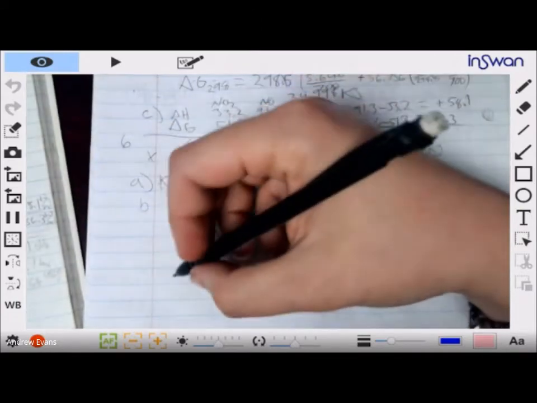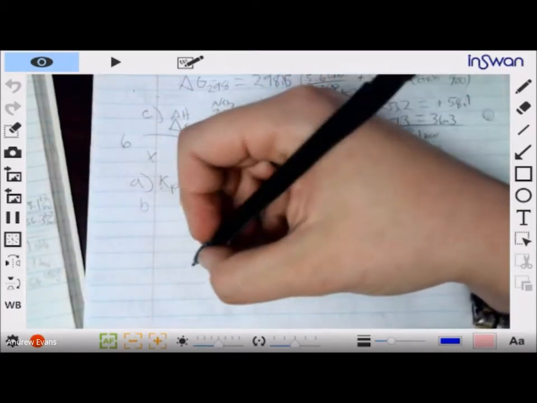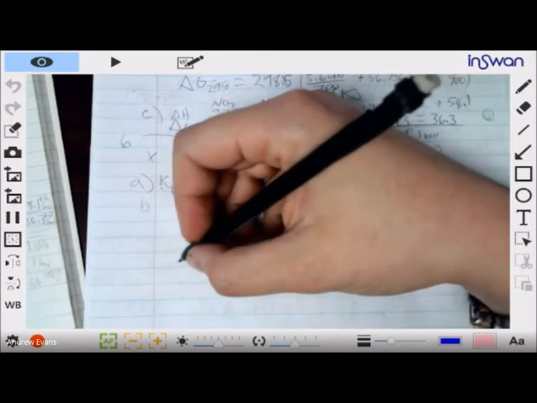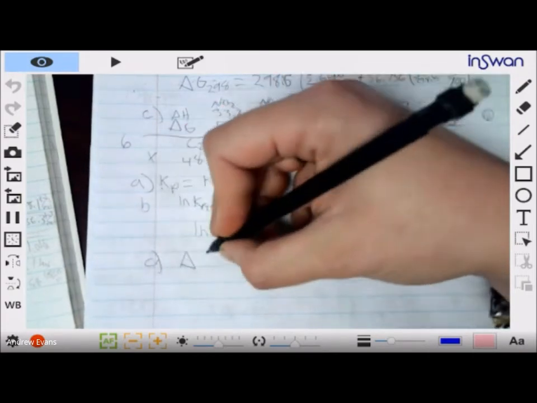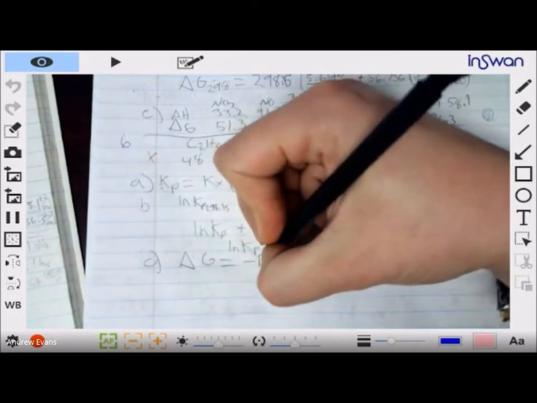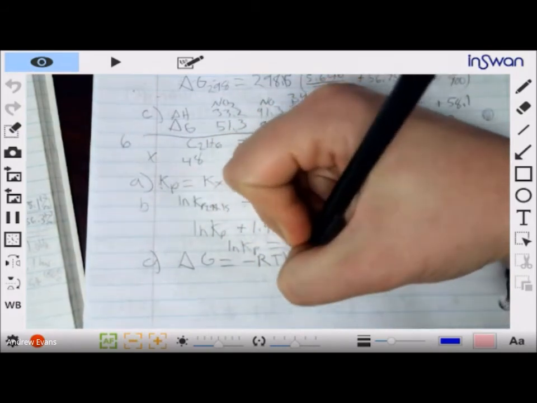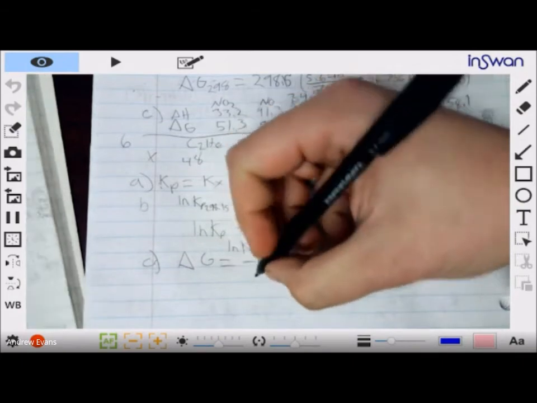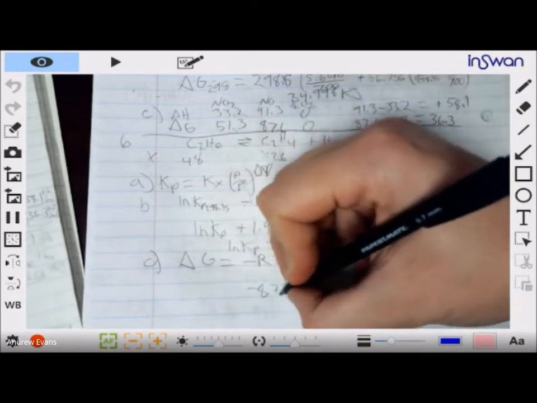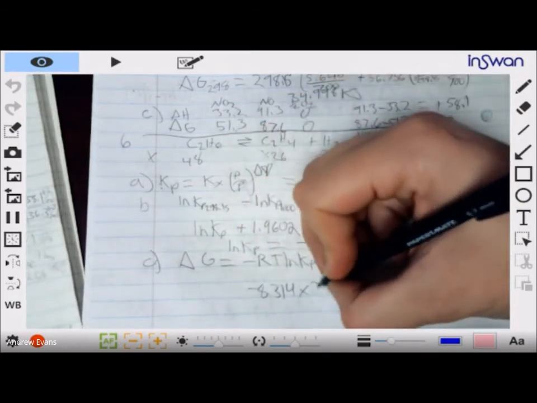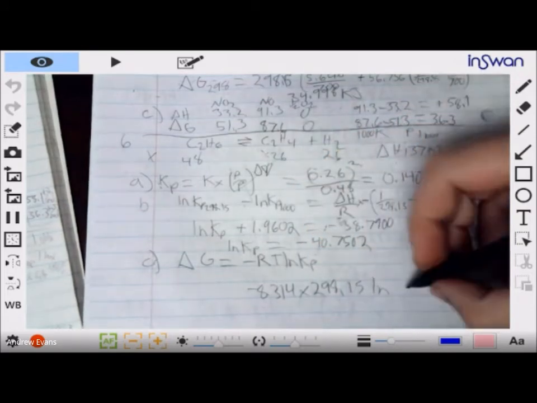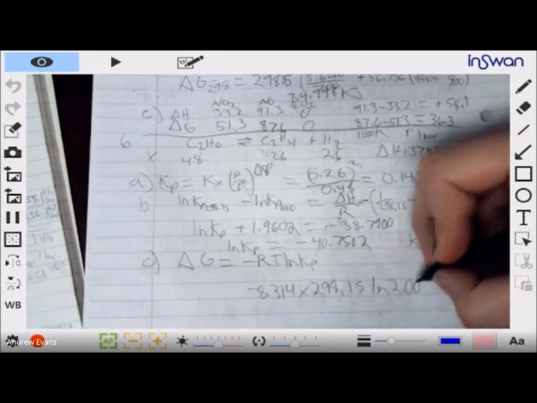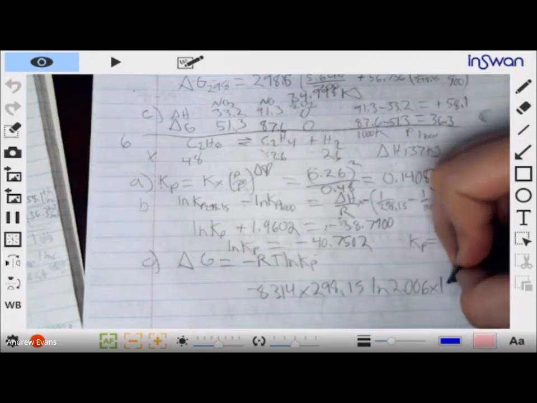Lastly, with our Kp at 298, what's our delta G? Once again, delta G can just be negative RT ln Kp. So negative 8.314 times 298.15 times ln of 2.006 times 10 to the negative 18th.